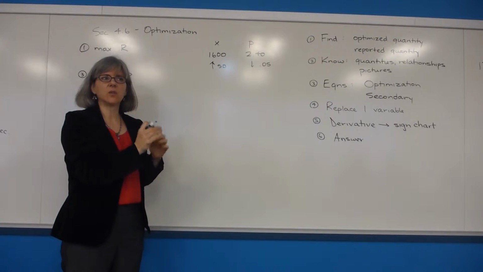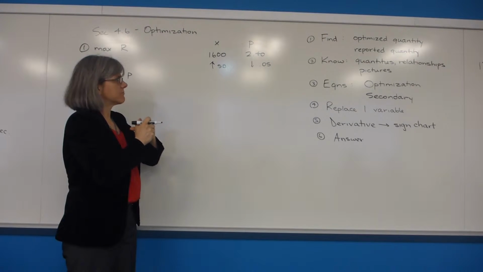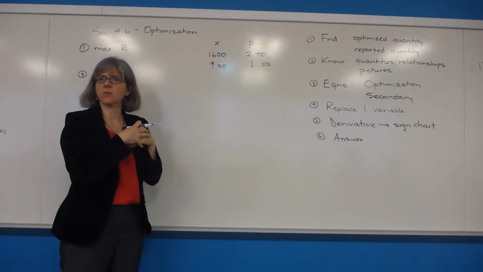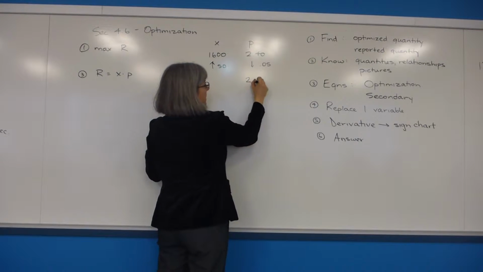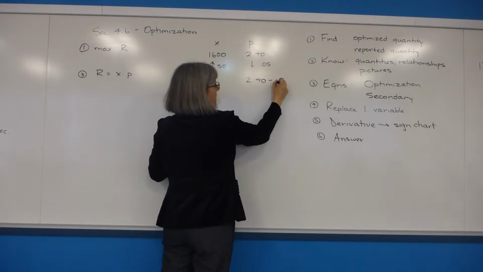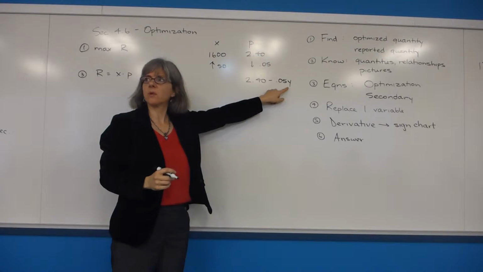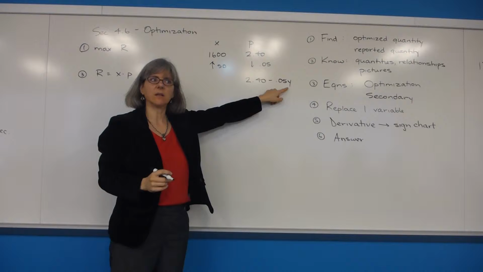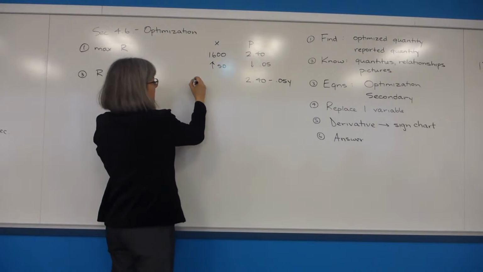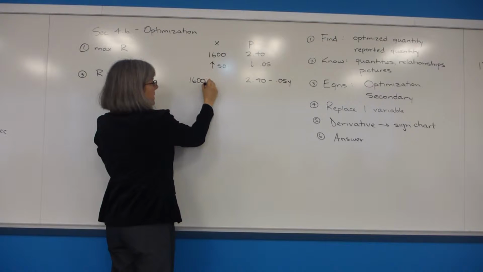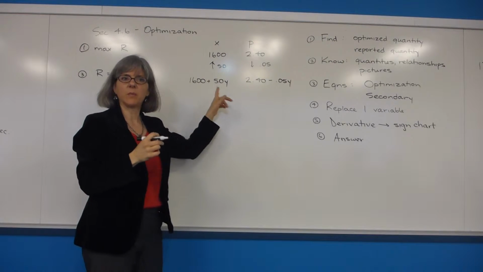Here I need another variable. I'm going to call it Y. So I can look at it this way. If I subtract off a nickel, or 2 nickels, or 3 nickels, or 4 nickels, I'm subtracting off a nickel at a time. The demand will go up based on how many nickels.